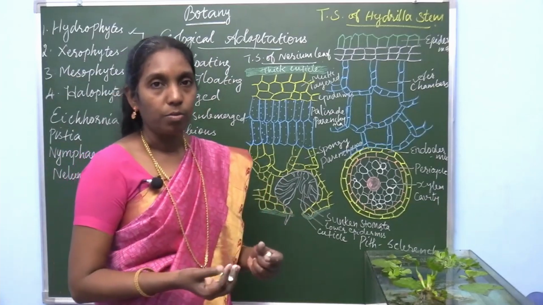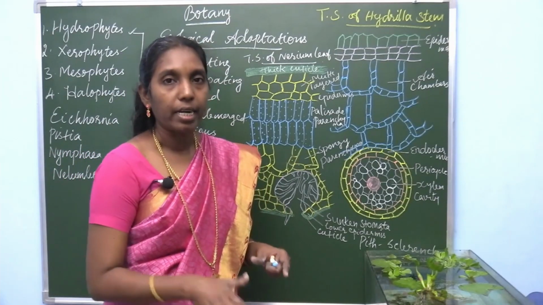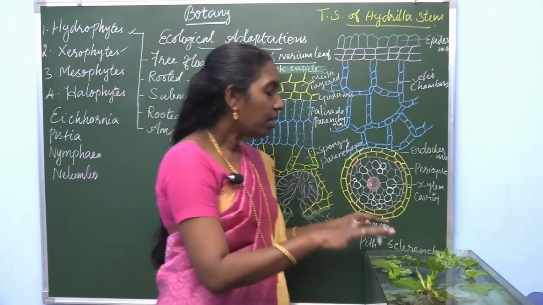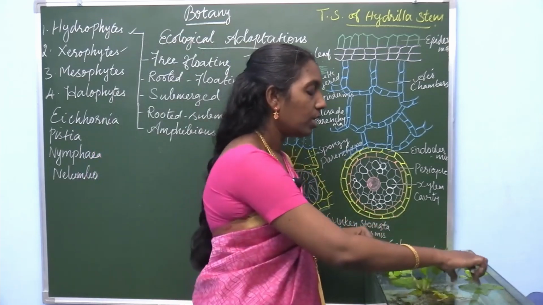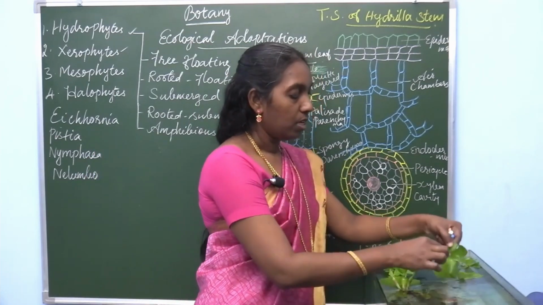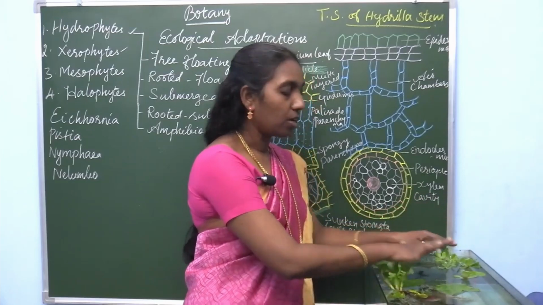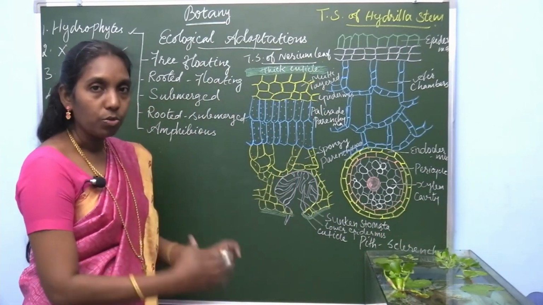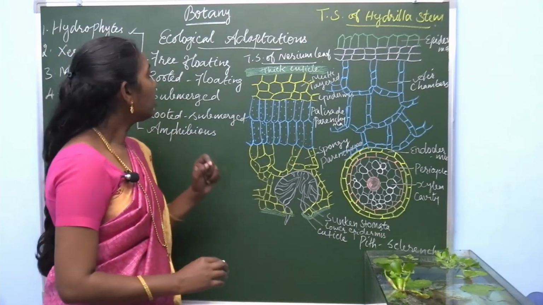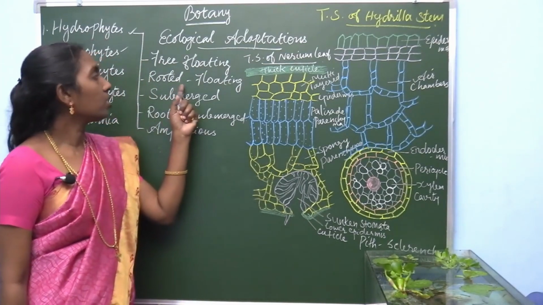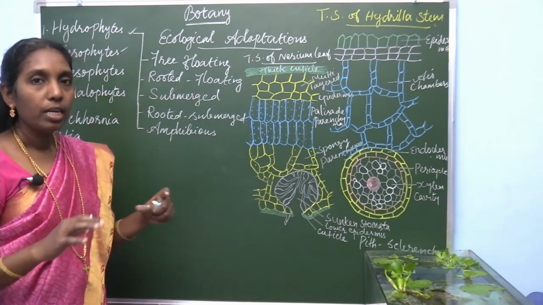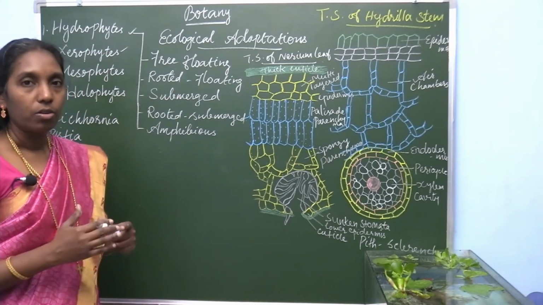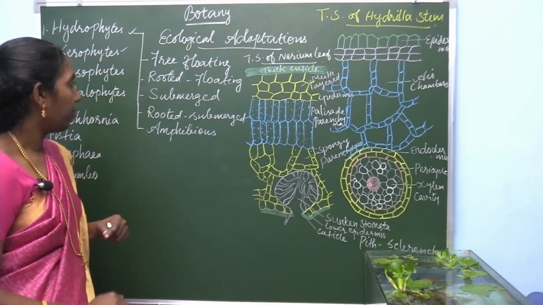The rhizome or the basal part is attached with the mud, and the leaves and the flowers float on the surface of water. Such organisms are known as rooted floating hydrophytes.